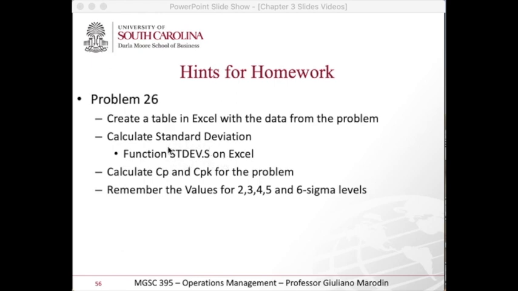The way to calculate it is equals STDEV.S, and then select the whole data set. It's going to give you the standard deviation, and you can use that to calculate CP and CPK for that problem. And again, remember the values that have to be higher than 1 for 3 sigma: 1.33, 1.67, and 2.